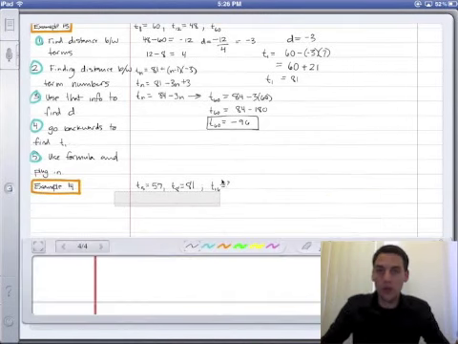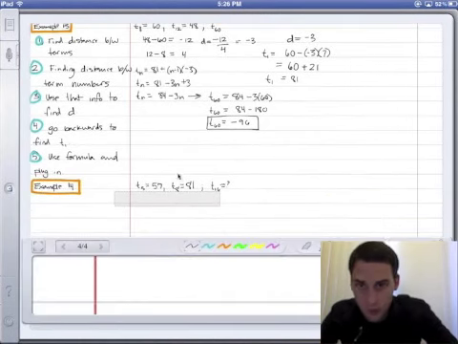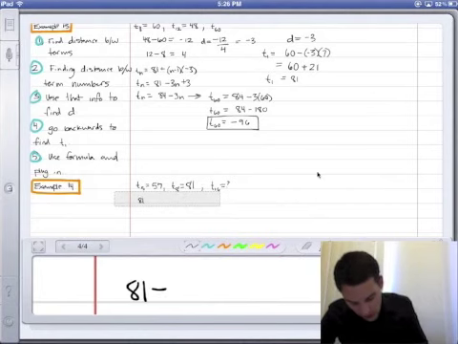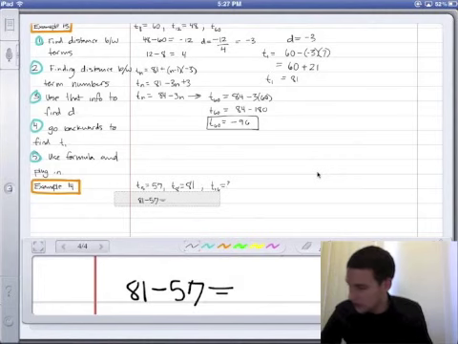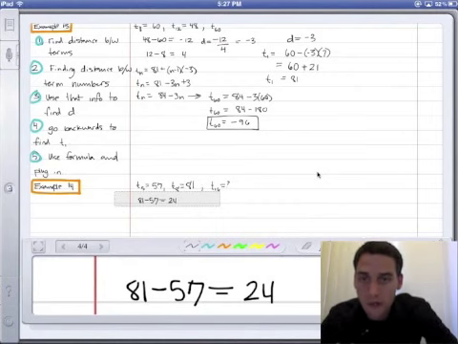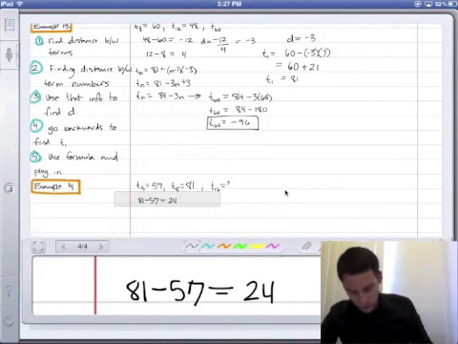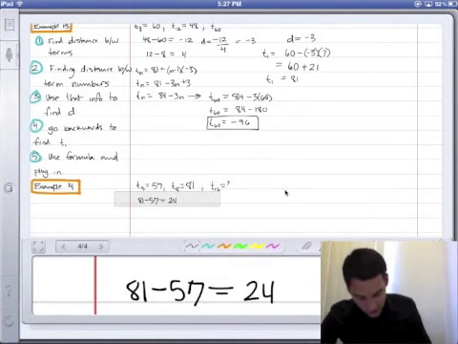So, step 1 was find the distance between the terms. So I'm going to go 81 minus 57. 81 minus 57 is 24. Next step was find the distance between the term numbers. So I'm going to go 8 minus 5, that's 3.